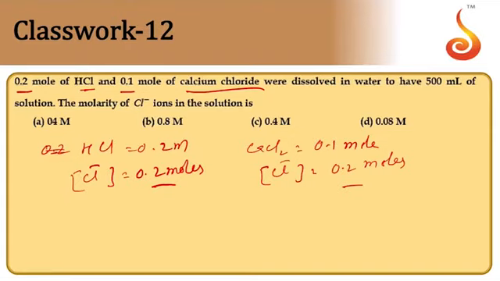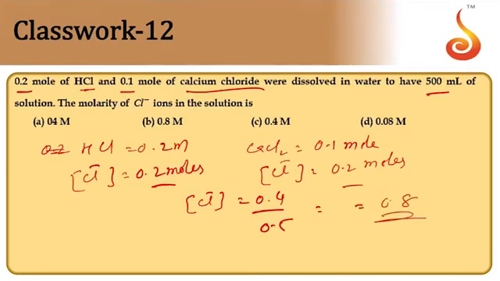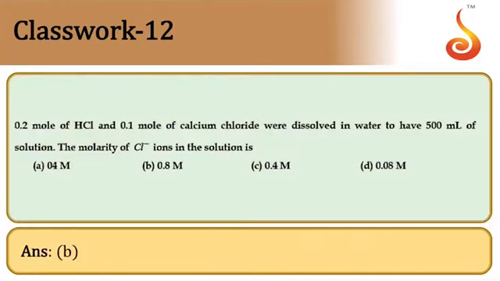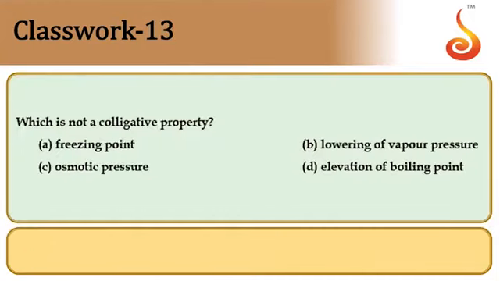Then the volume of solution is 500 ml, which is 0.5 liters. So the concentration we require is 0.4 by 0.5, which is equal to 0.8. So 0.8 molar of Cl minus ions we have, the number of moles of Cl minus divided by volume of solution. Then the answer is option B.